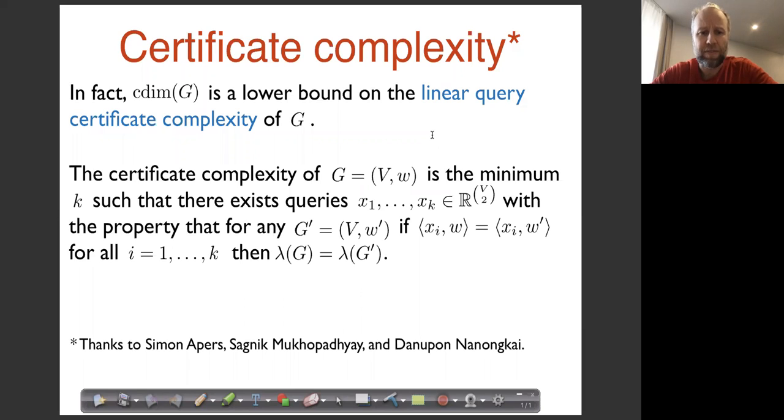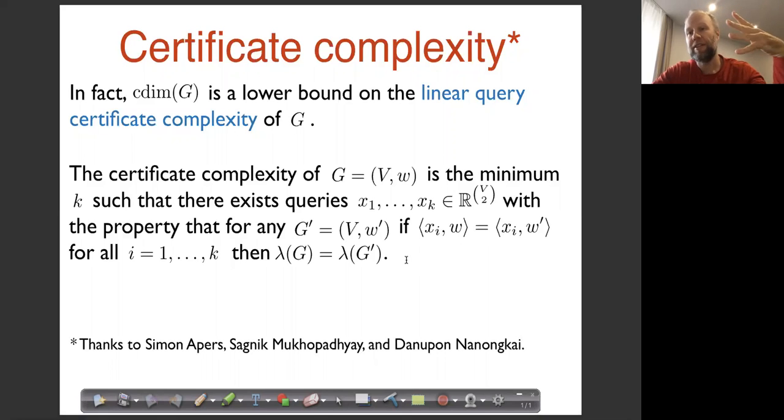Let's say that you have a graph G. The linear query certificate complexity of G is the minimum k such that there are queries x1 through xk, again each of these just a real vector in n choose 2 dimensions, with the property that for any weighted graph G prime, if G prime agrees on all the answers to the queries with the answers given by w, in other words, the dot product of xi with w is the same as the dot product of xi with w prime for all i, then they must have the same minimum cut.